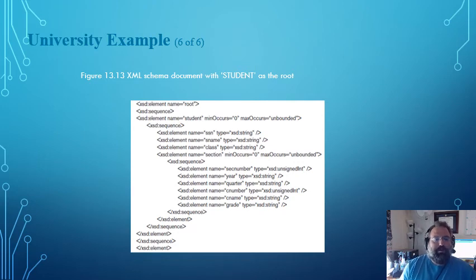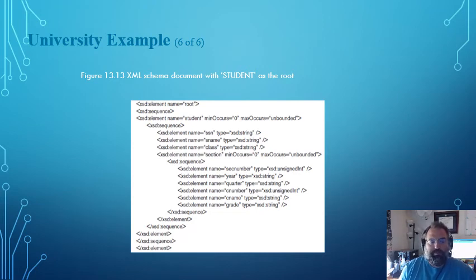This is the schema associated with student being the root. So you have student and then various items hanging off of it: student has at an element level name, SSN, class, type, and so on, and then a sequence of sections broken down.